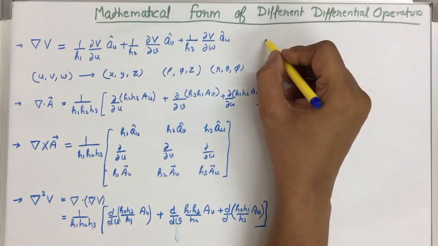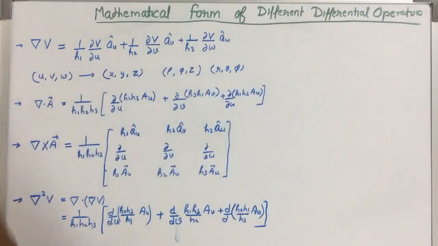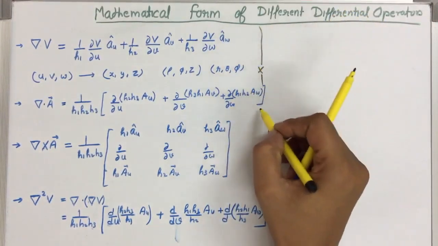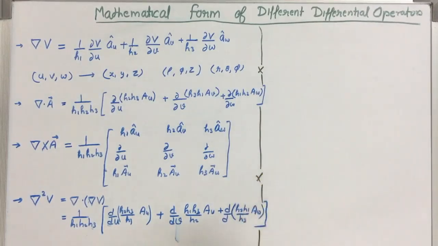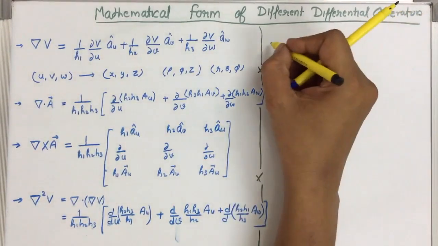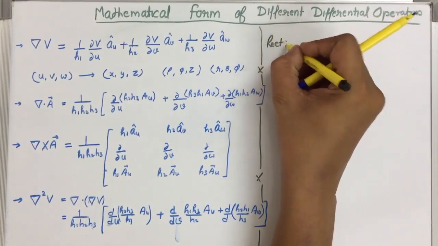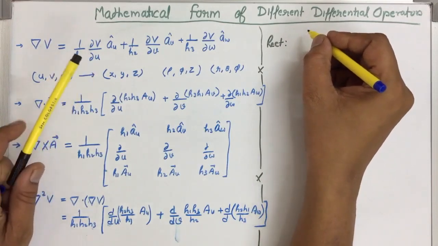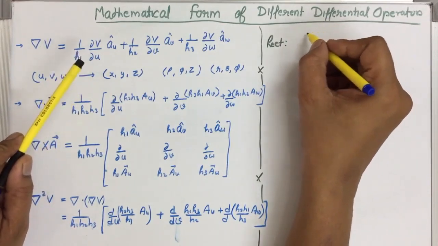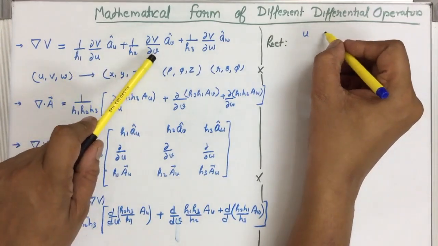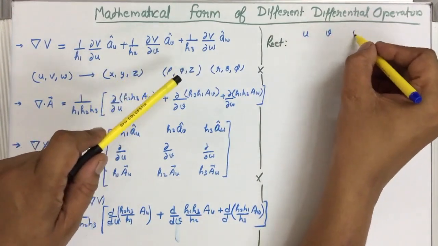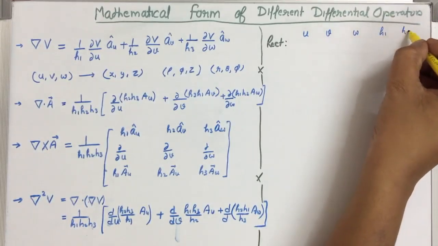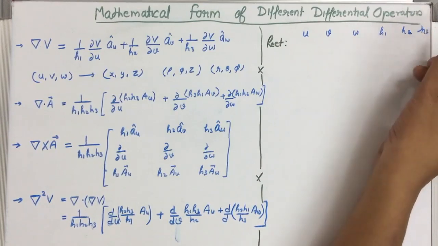So let us start from rectangular coordinate. In rectangular coordinate, first one is u, second is v, third is w, h1, h2 and h3.